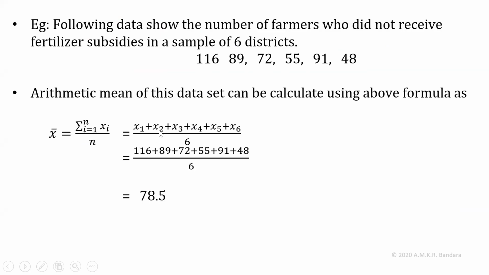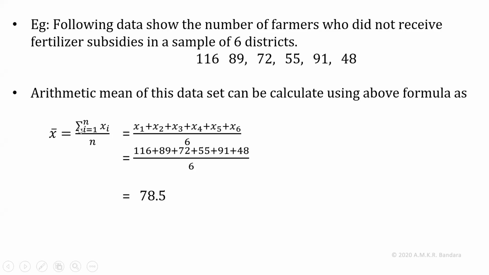Second observation when i equal to 2, that is 89. Third observation when i equal to 3, that is 72. Fourth observation when i equal to 4, that is 55. Fifth observation when i equal to 5, that is 91. And sixth observation when i equal to 6, that is 48.